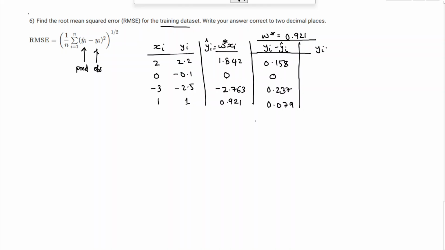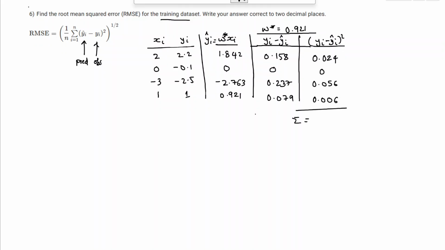Now again we need to take the square of the distance, so we take 0.158 square and so on. These are the squares of the differences, and the sum would be 0.14.